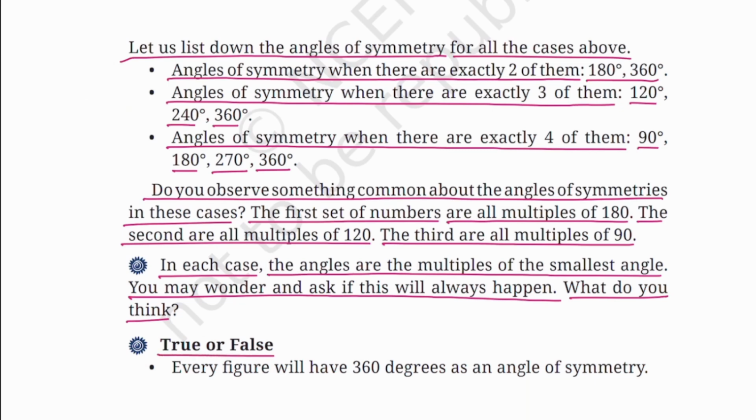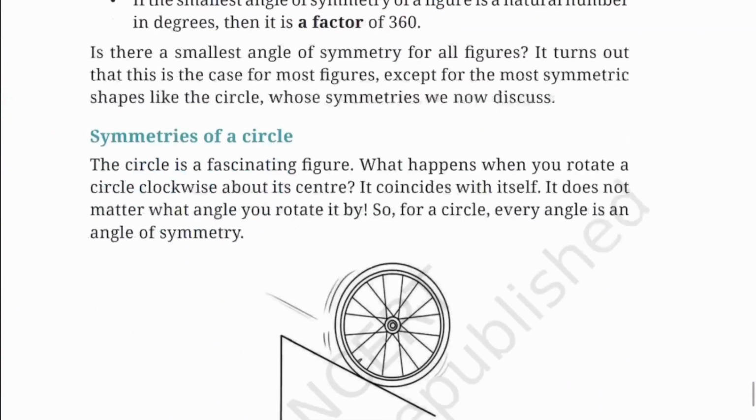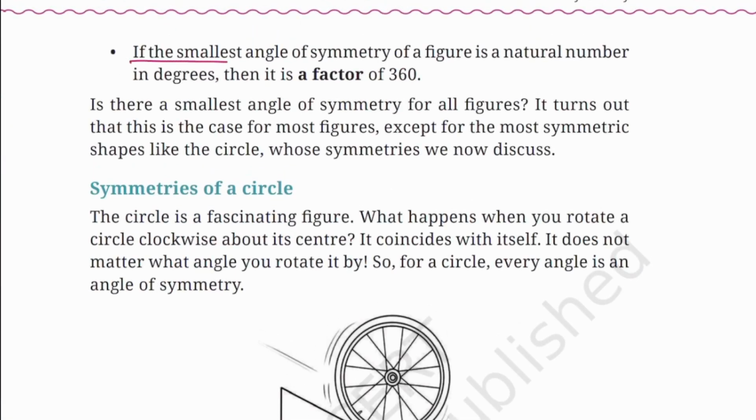True or false? Every figure will have 360 degrees as an angle of symmetry. It will be always true. If the smallest angle of symmetry of a figure is a natural number in degrees, then it is a factor of 360 degree.